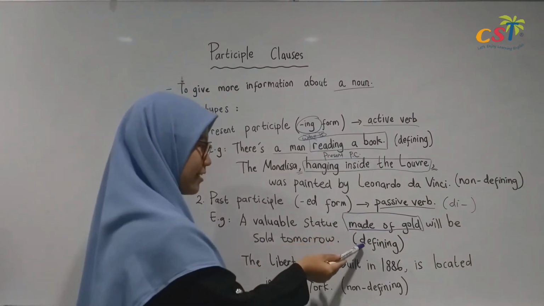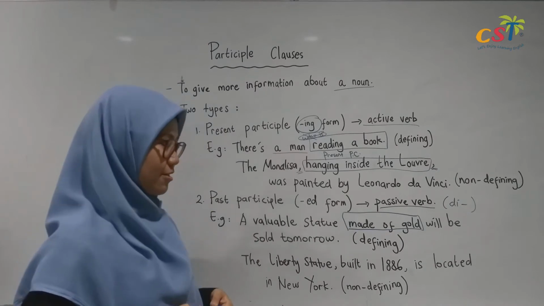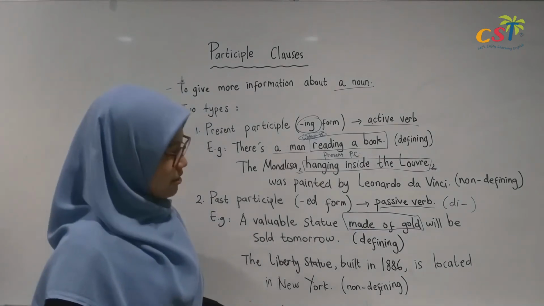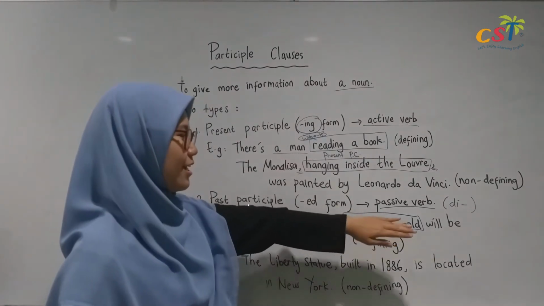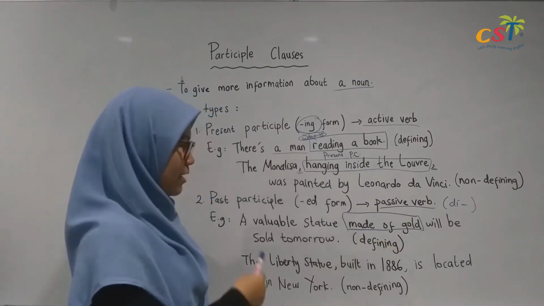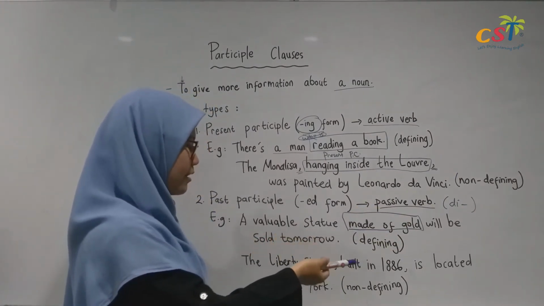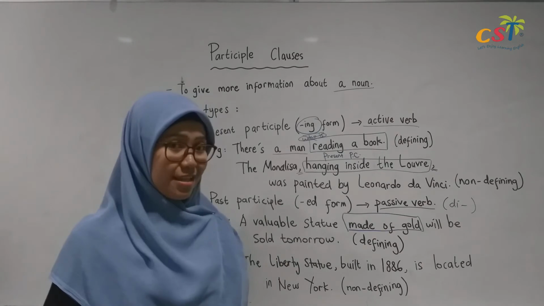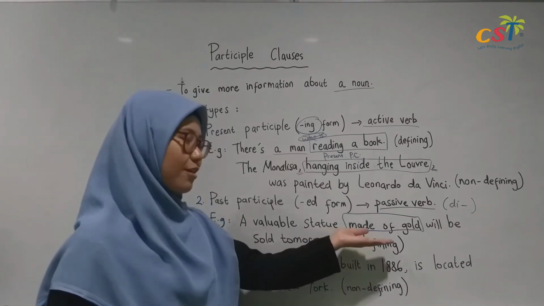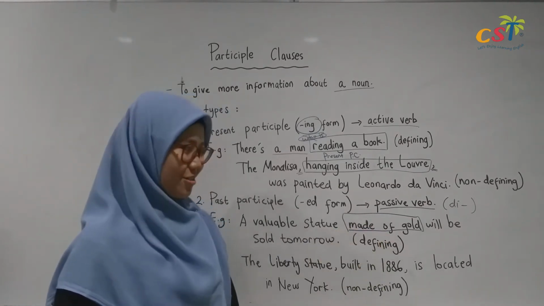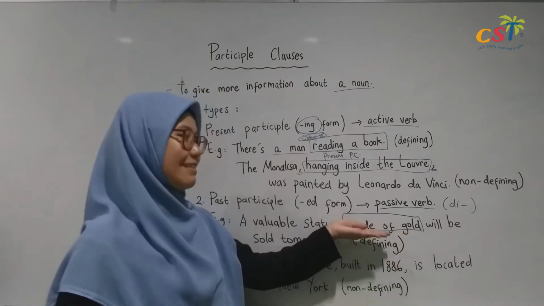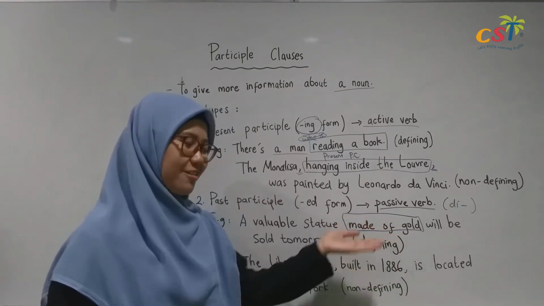This is a defining participle clause. Why? Because imagine if we erase this, it becomes "a valuable statue will be sold tomorrow." So which statue is it? You have to give additional information: made of gold, and this is important information.